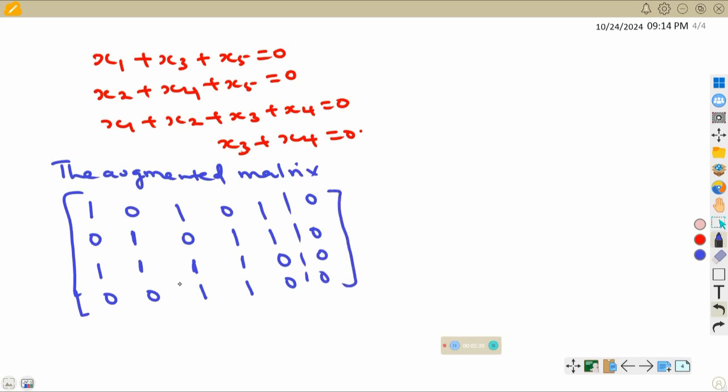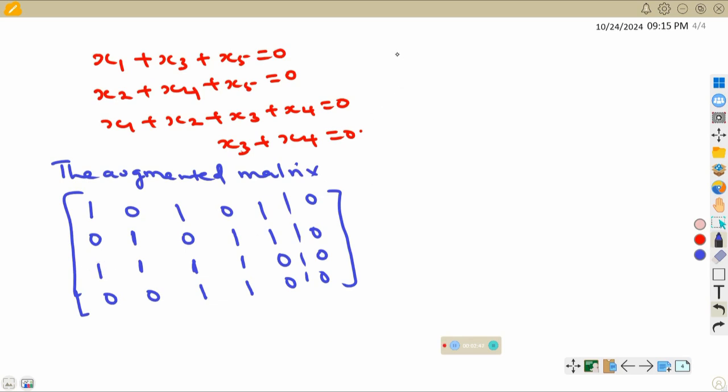Let us use row operations to form the echelon matrix. To form the echelon matrix, let us look at how best we can eliminate this first.